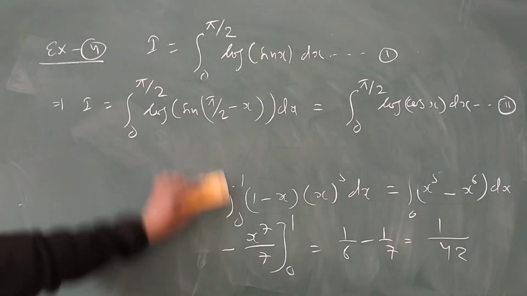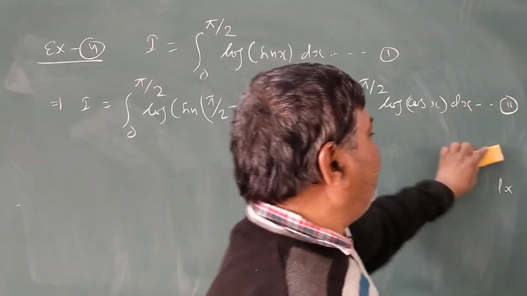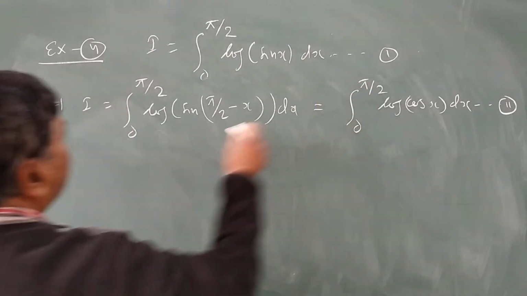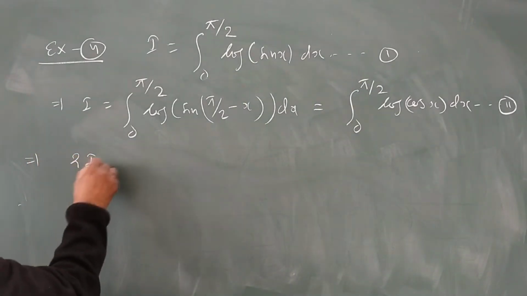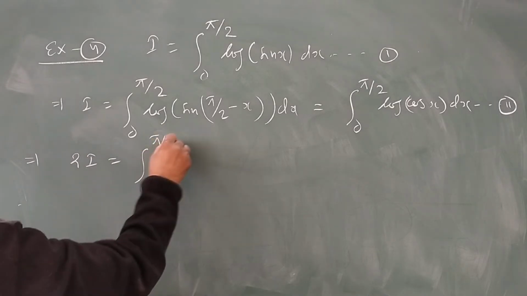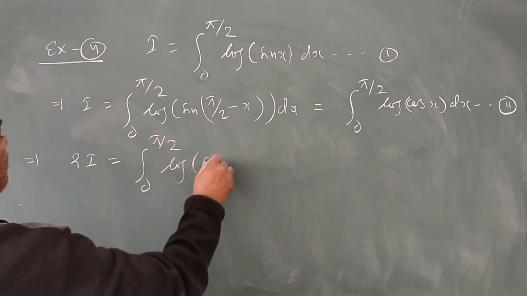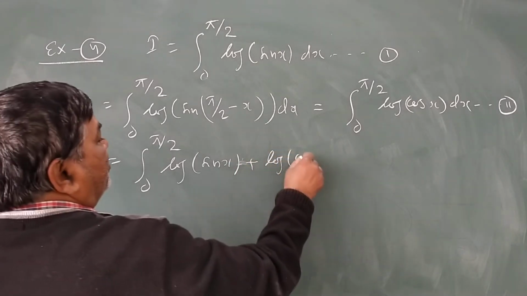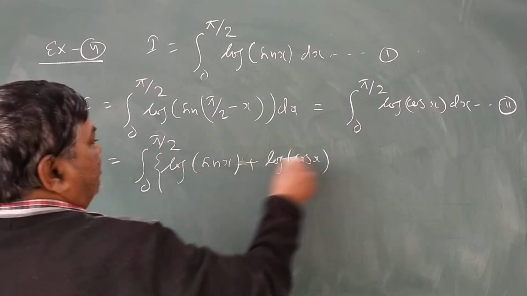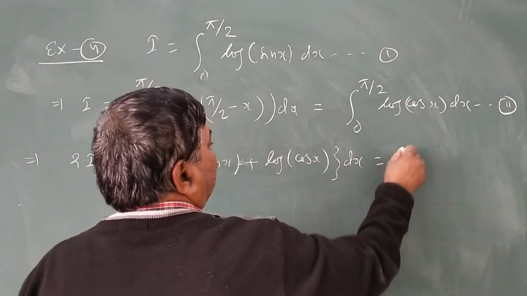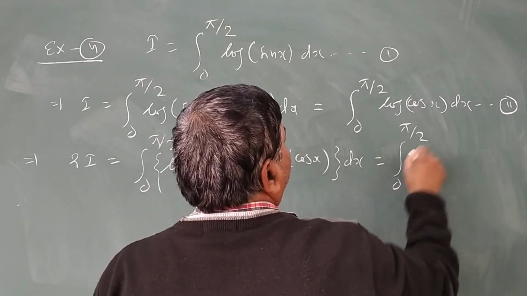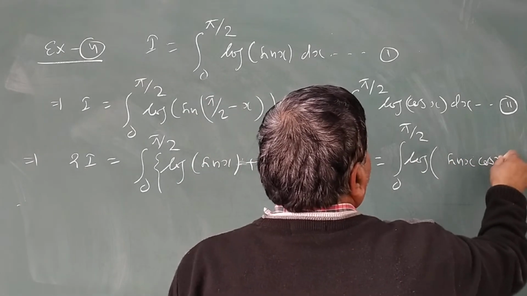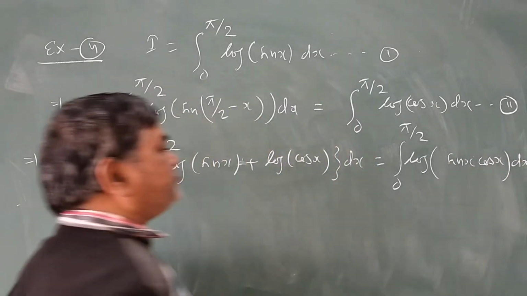Now by adding equation 1 and 2, by adding this one and this one, we will get 2I is equal to 0 to pi by 2 log sin x plus log cos x dx. So this is 0 to pi by 2 log sin x cos x dx.